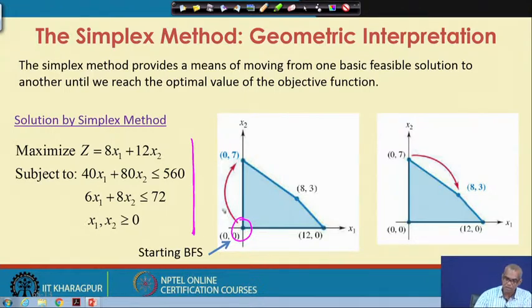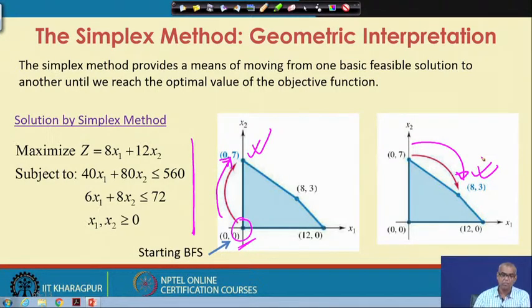So, from there you will go to this corner point, and from this corner point you will come to this. That means, in the initial tableau you will have this as basic feasible solution. In the next tableau you will have this basic feasible solution, and in the final or third tableau you will have 8 3 as the basic feasible solution.